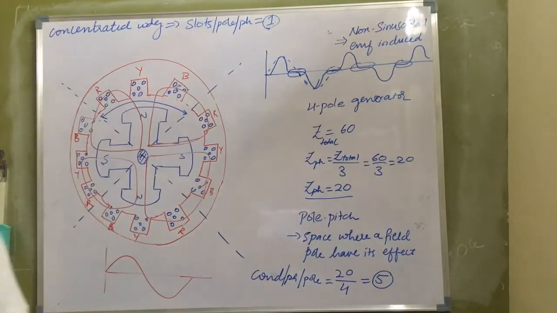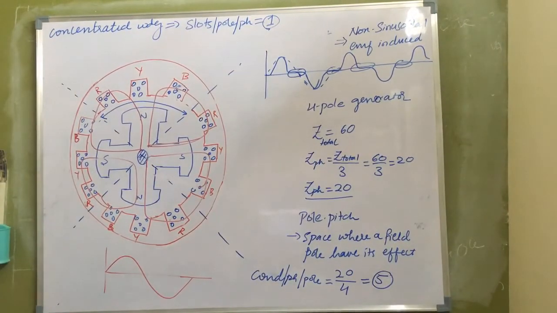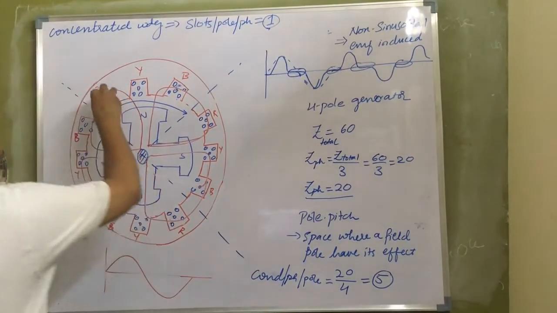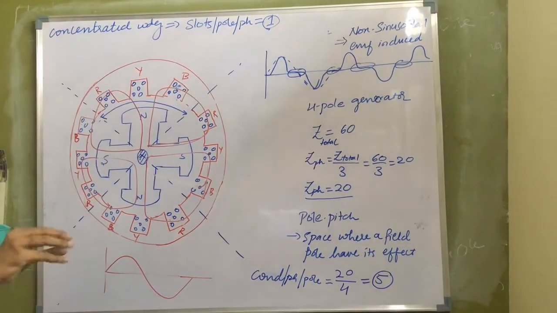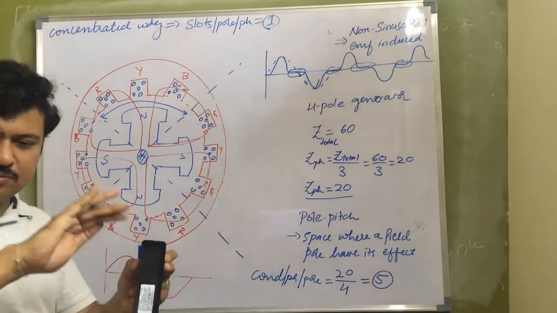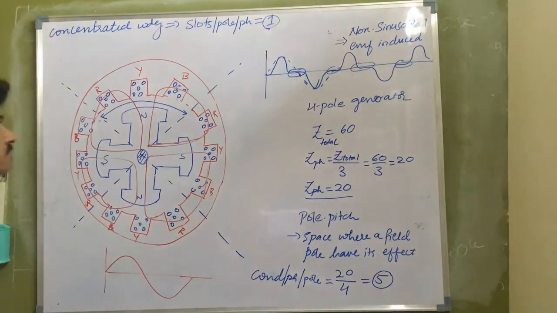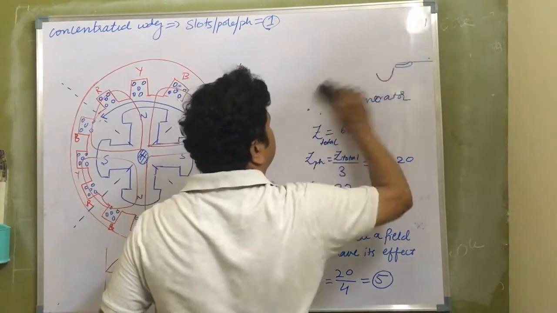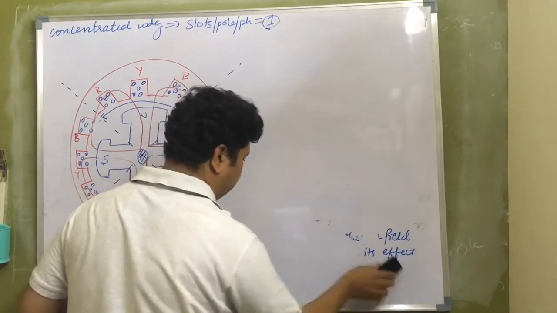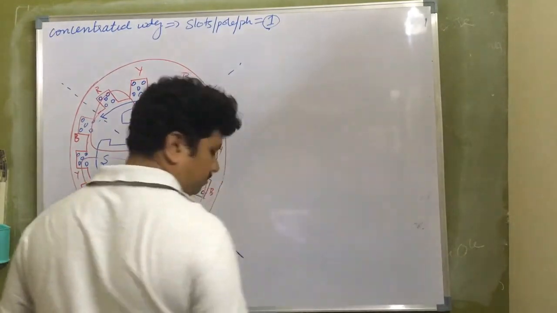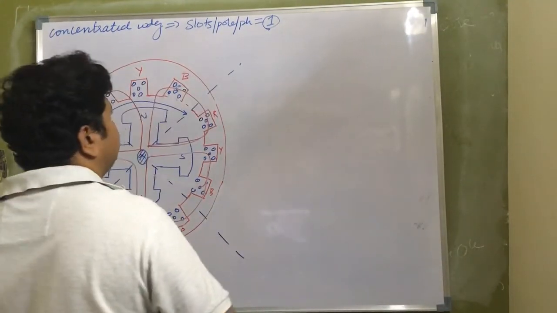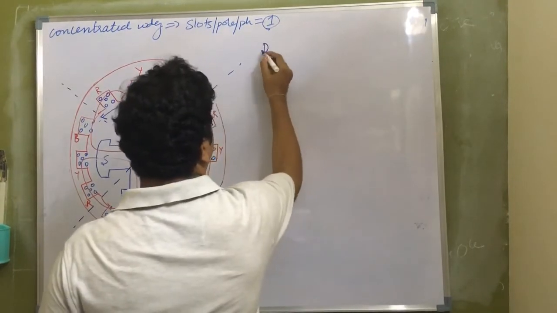Now for a distributed winding, the number of slots per pole per phase will be greater than 1. So all these conductors which were placed in one slot now get distributed among each pole in various slots.